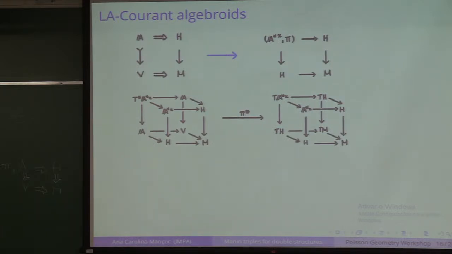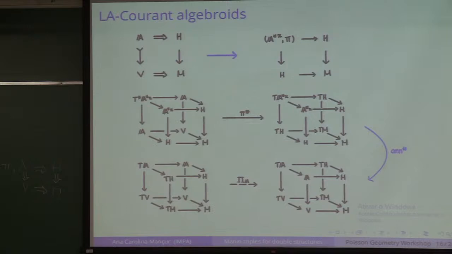So what we do is consider the dual of this relation on this direction, and we get, after some identifications, a relation from TA to TA. And on TA, we have an algebraic structure given by the lift of this one here.